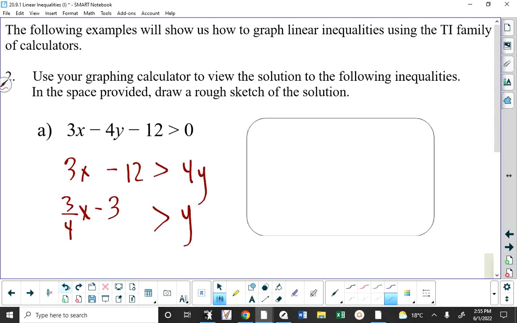So I move the 4y to the right side. I end up with y on the right side times 4 is 3x minus 12. Divide everything by 4, I get 3x minus 12. Are you in agreement there? Okay.